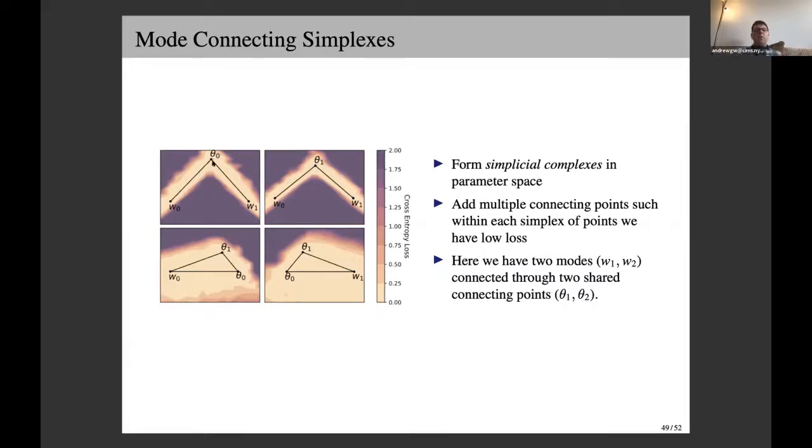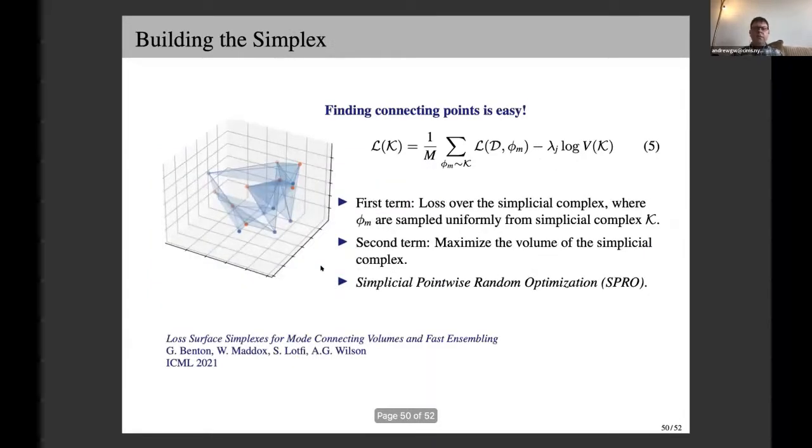And this actually forms a simplex of low loss solutions that we can see in the bottom panel here, where we have basically infinitely many connecting curves between theta1 and theta0. And so in order to discover these simplices, we just modify our loss function so that we're trying to minimize loss uniformly in expectation over the simplex. And we basically just sequentially add points, connecting points between arbitrarily many local optima or solutions that we found with SGD.